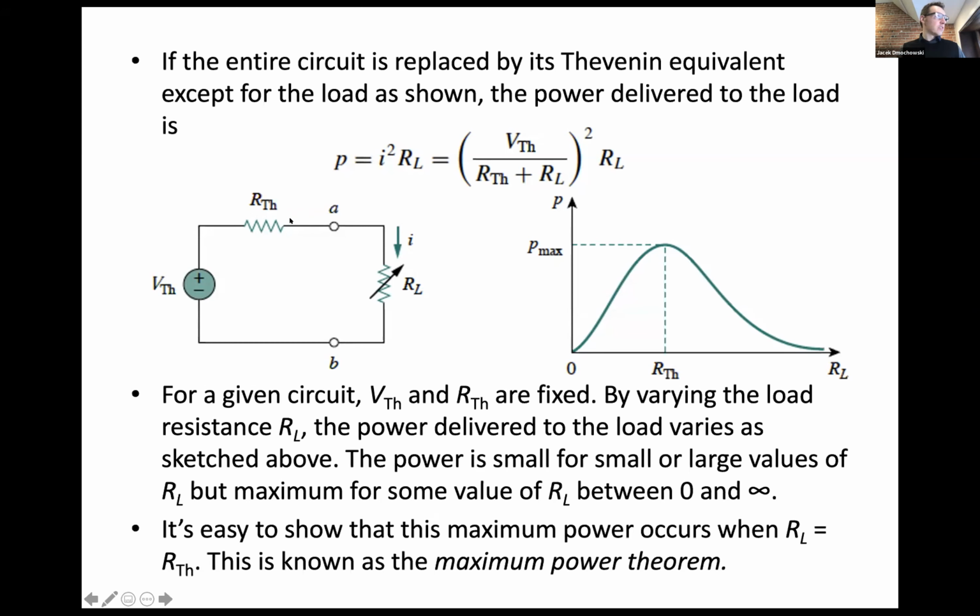Another way of viewing this is for voltage division, the most voltage that this resistor can get is when the two resistances are equal to each other. And so when your load resistance is equal to RTH, you have maximum transfer of power.